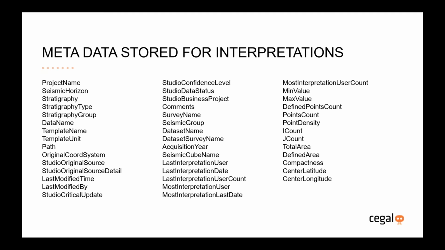So that would be the lateral extent, the compactness, the point count, and the area of your interpretation coverage. We also collect some basic information such as project name, the last modified date, last user, etc.